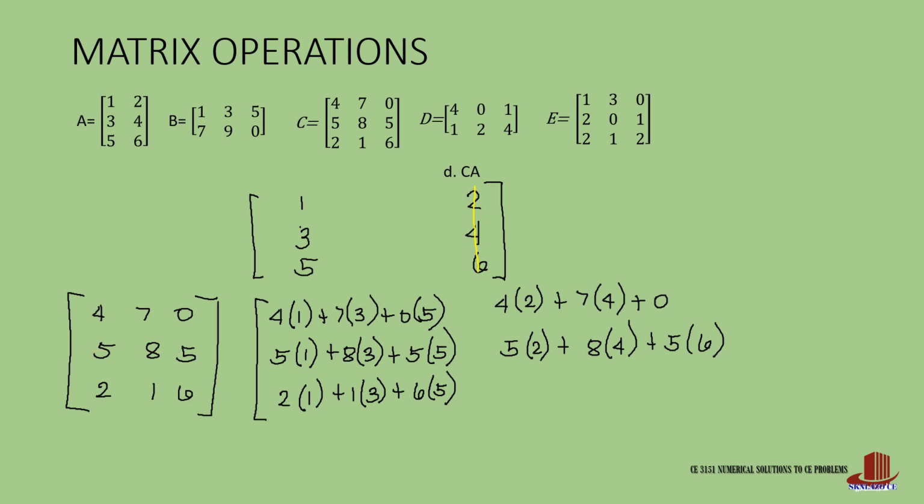And lastly, take on our third row. That would give us 2 times 2 plus 1 times 4 plus 6 times 6. We're going to be simplifying everything, and that would be the answer.